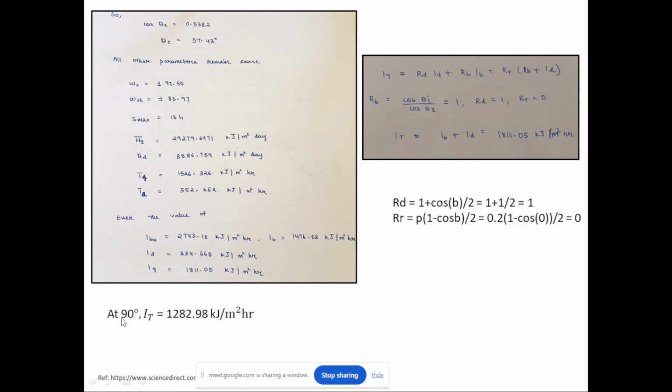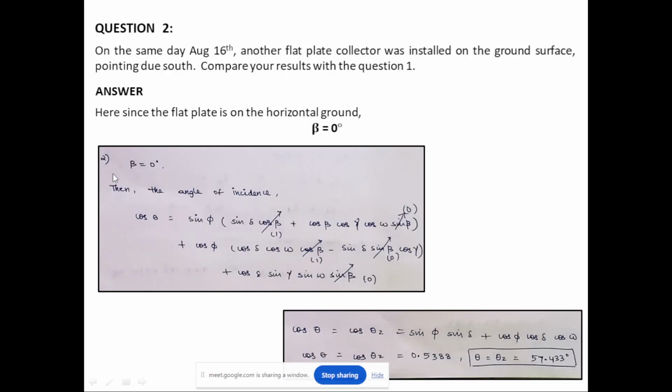Likewise, similarly you can do it at 90 degrees, with similar steps. Here your value of angle of incidence will change because beta will become 90. So cos of 90 is 0, and your theta I and theta z will no longer be the same.